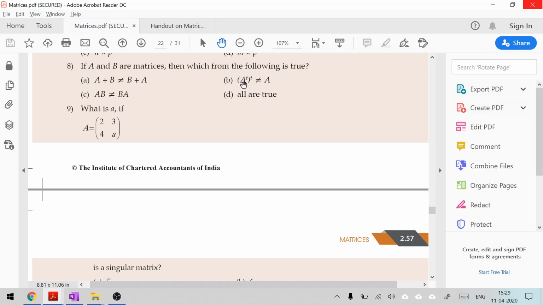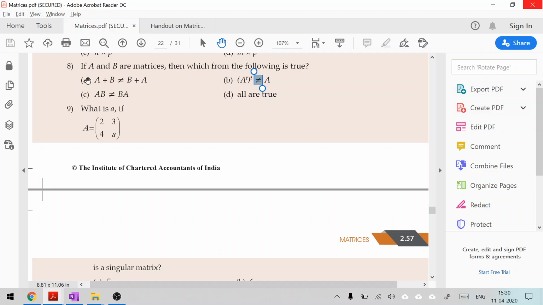Similarly, A transpose of transpose. What is A transpose? When you're transposing the matrix A. Now, when you transpose it again, what would you get? You would get the matrix A itself. So, A transpose of transpose is equal to A. But he is saying it is not equal. So, this is false. A is false. This is also false. B is also false. So, both are false.